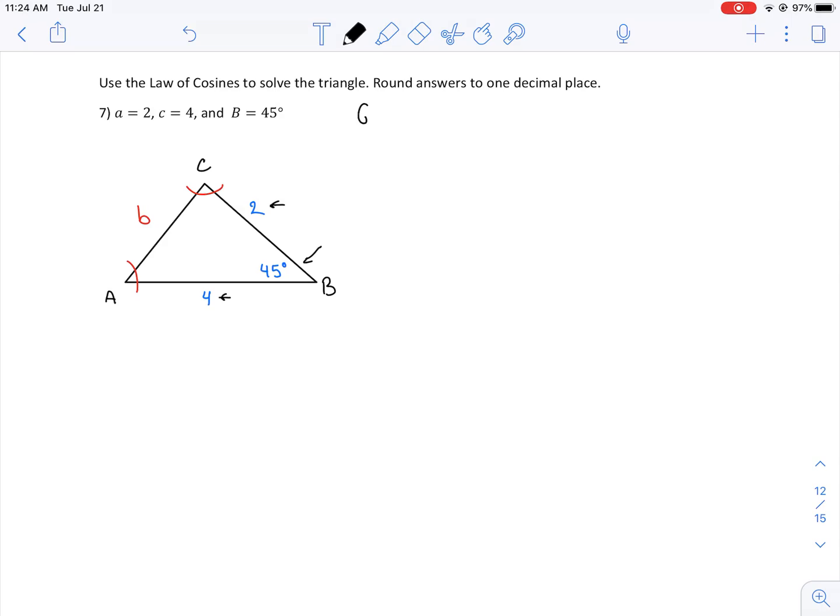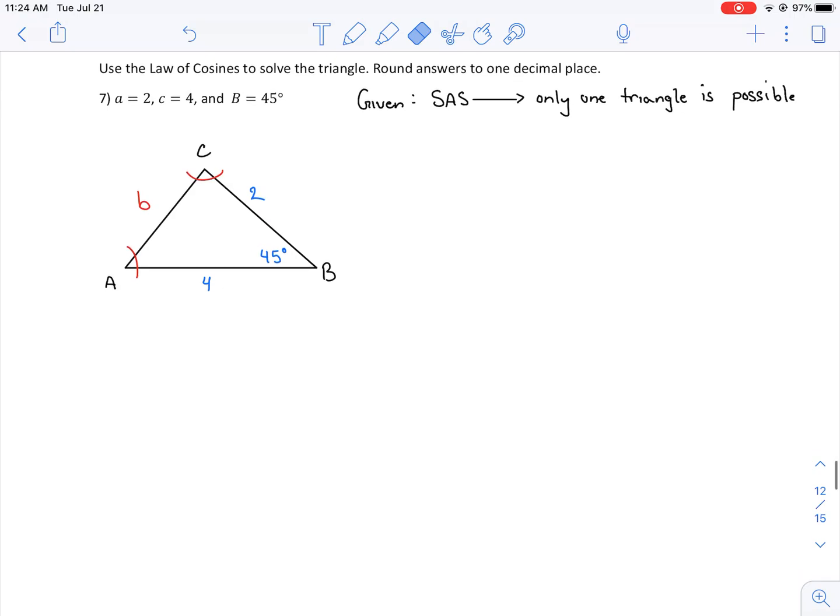So that is side angle side, which implies only one triangle is possible. Okay, so now that we know that only one triangle is possible, let's apply the law of cosines to figure out all the missing side lengths and angles.